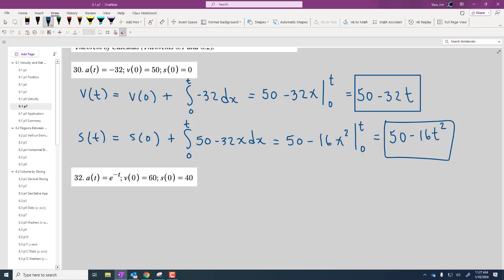So this should be a 50x, thank you. Right there, it should be an x. And then we'll end up with 50t. It's going to change this over here to 50t. We plug in the 0, we still get 0, so 50t minus 16t squared, there we go. Thank you. Good catch.